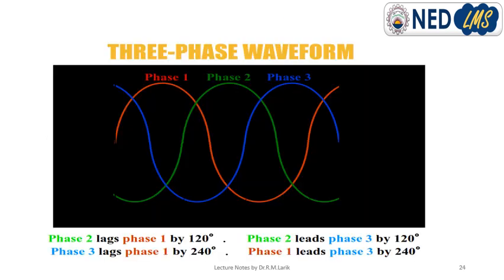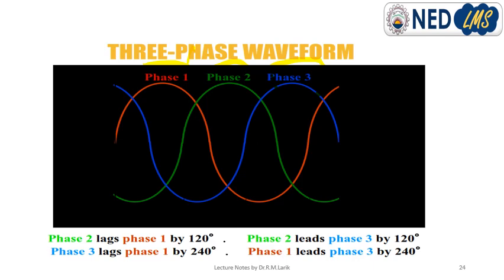Now you can see the waveforms of all three phases: phase 1, phase 2, and phase 3. See, each phase produces its own sinusoidal wave. Whether it's induced voltage or induced current, the waveform is the same.